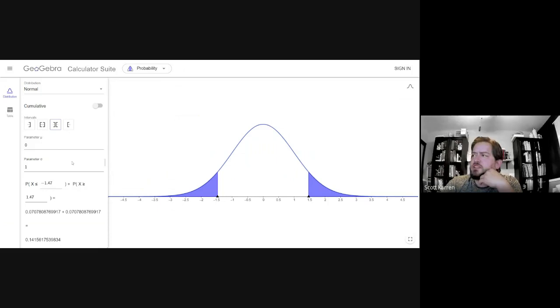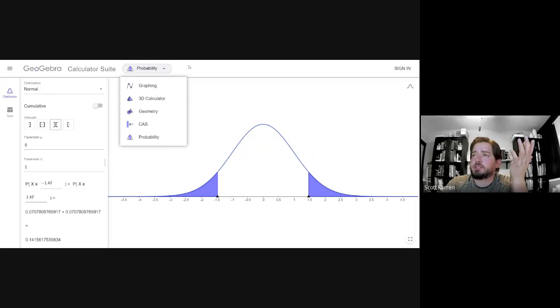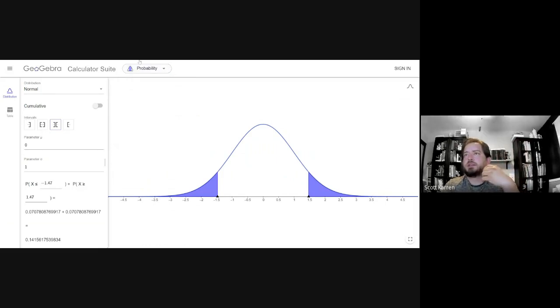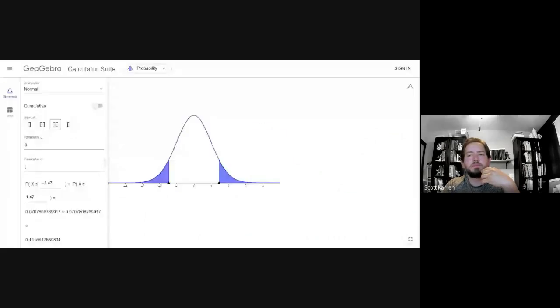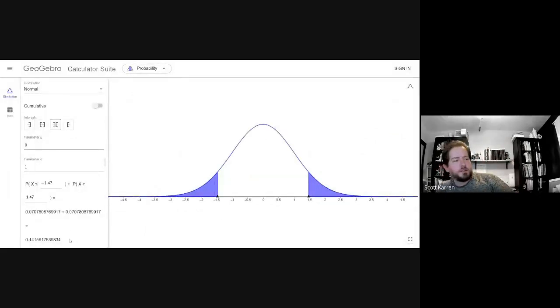This is still doing a Z chart. I don't know on GeoGebra how to make it do a t-test instead of a z-test. I'll have to figure it out. All they say in the book is let's use technology, but it's close. I can't highlight anything, but this number down here, 0.14156, is very close to the t-score that we would have got. And again, it's close because we have a high sample size, right?